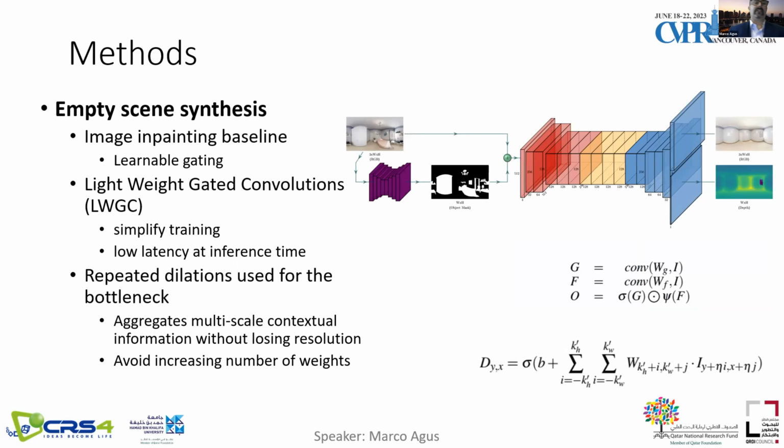For the empty scene synthesis, we use lightweight gated convolutions in a way to simplify training. And for the bottleneck part, we use repeated dilations in a way that we can aggregate multi-scale contextual information and we don't lose resolution. So in this case, we avoid increasing the number of weights and we have a solution that is lighter for performing inference in real time.